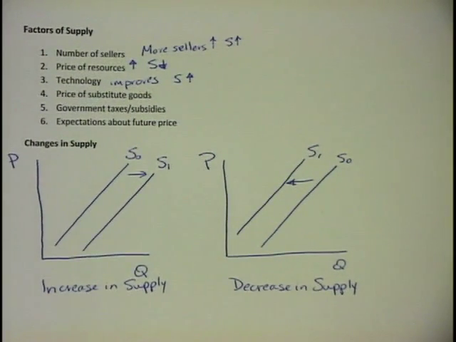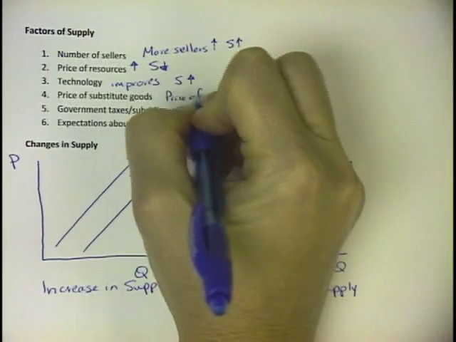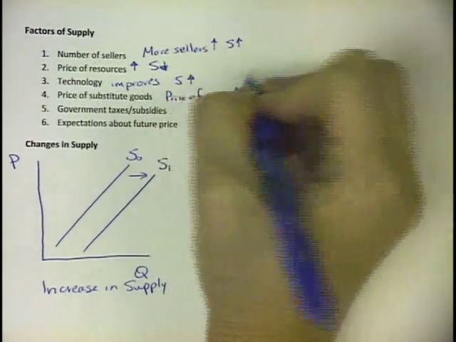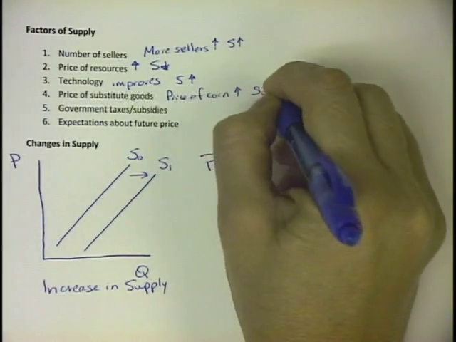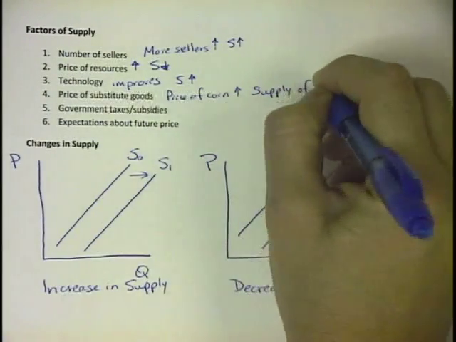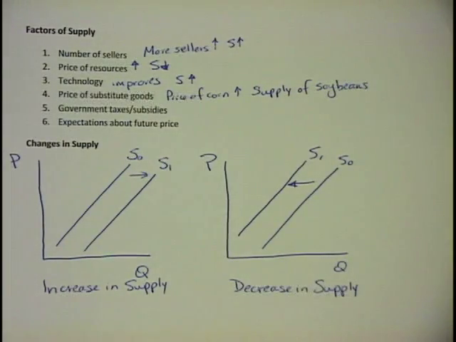Okay, so price of substitute goods. In this case, we have a good that we could produce instead of the good that we're producing. So let's say the price of corn increases. If the price of corn increases, the supply of soybeans would probably decrease, because that's an alternative crop that I could produce.